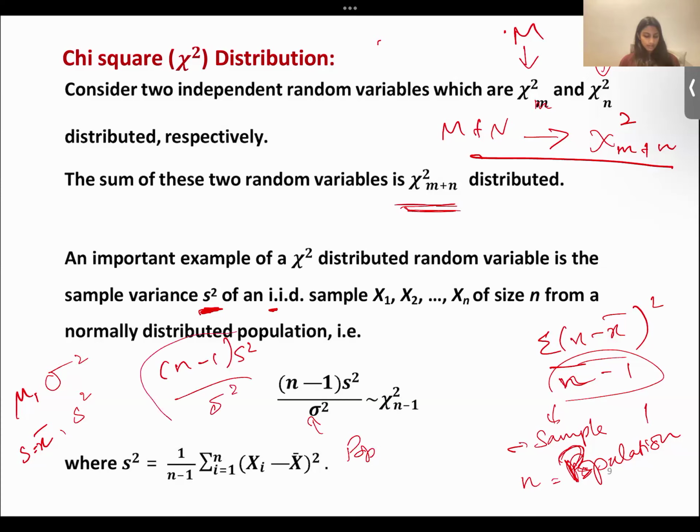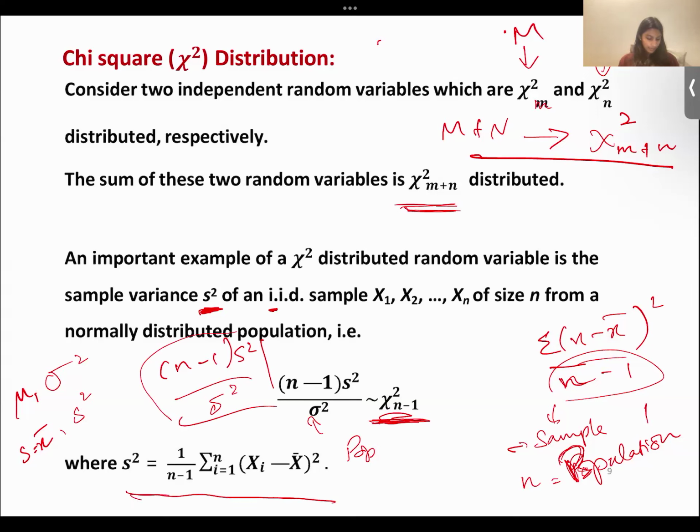This new value follows a chi-square distribution with n minus 1 degrees of freedom. So when you convert a population variance and mean to a sample variance, this new value will have a chi-square distribution with n minus 1 degrees of freedom. It's given by this formula.